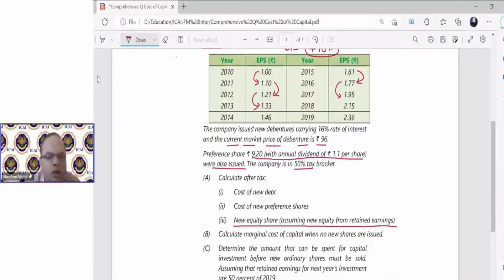So what will be my cost of new debt, guys, after tax? I think we have a 16% rate, right? So 16% into 1 minus tax, 0.5. We are looking at 96, guys, 96 in the denominator. So what is the cost of debt? 8 divided by 96. Is it 8.33?